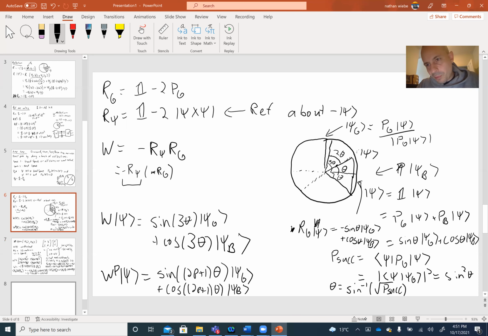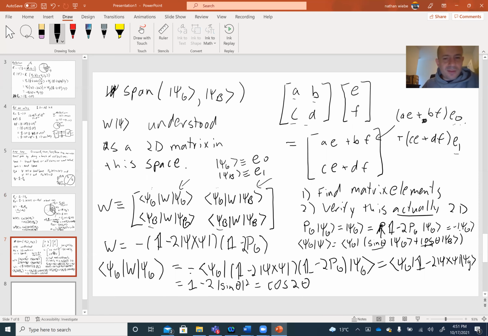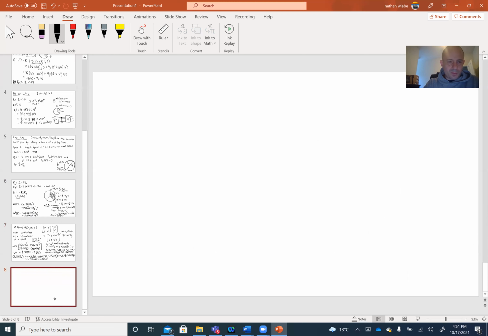So it's totally not surprising that 2 theta ends up coming out of this when we do our analysis this way. Okay, now let's go and do the next one. The next one that we need to compute would be psi b W, or actually, let's do the first row.